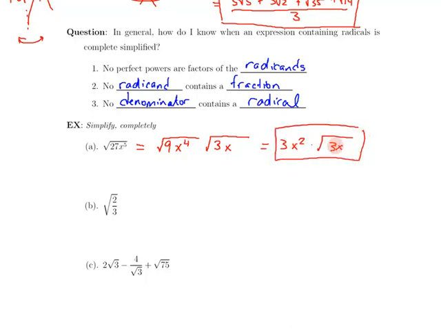Okay, and I know it's completely simplified because there are no perfect powers under the radicals, no radicand contains a fraction, and there's no radical in a denominator. Okay, now the second problem here, it fails number 2. Right, we got a radicand with a fraction, so I write it as square root of 2 over square root of 3. Now it fails number 3. So I've got to multiply by a radical over a radical, and it needs to be, in this case, 3.